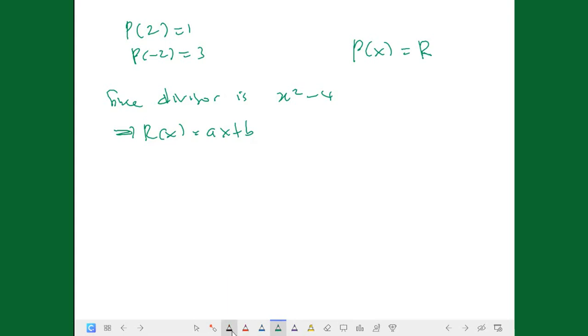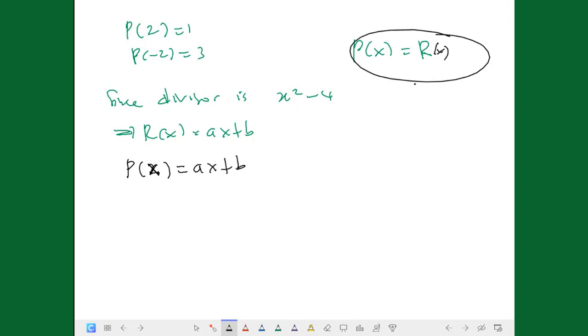So directly you take P and make Px equal to ax plus b. We use this concept. Okay, and when P of 2 is substituted in this, 2a plus b is equal to 1.